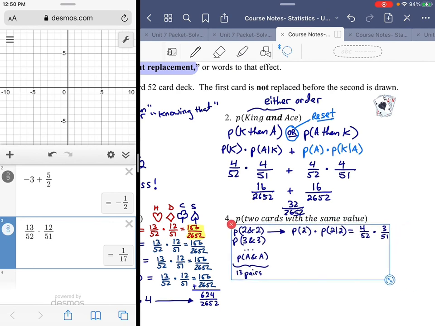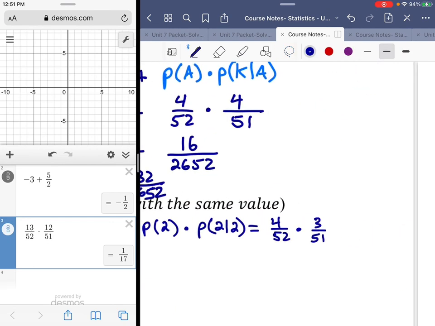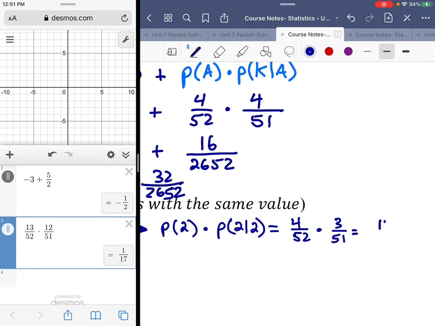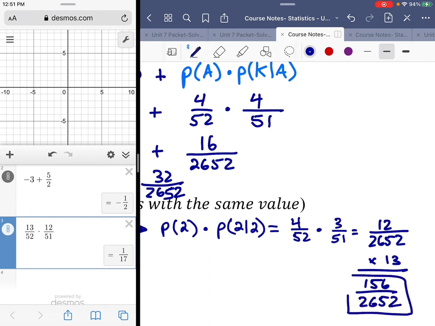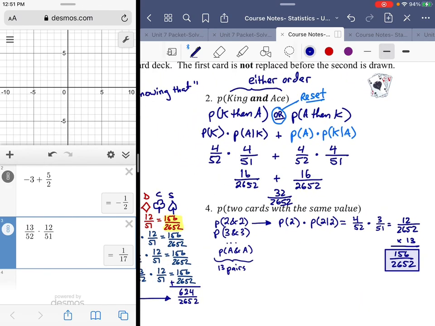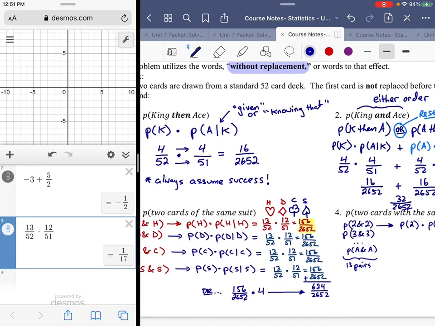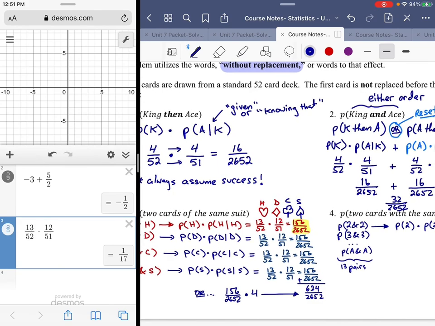So I can use that and the knowledge that there's going to be 13 pairs to go the rest of the way. So multiply by 13. Gives you a result of 156 over 2652, and that would be your probability. Otherwise, you'd have to do what we did here, instead of 4 times, 13 times.